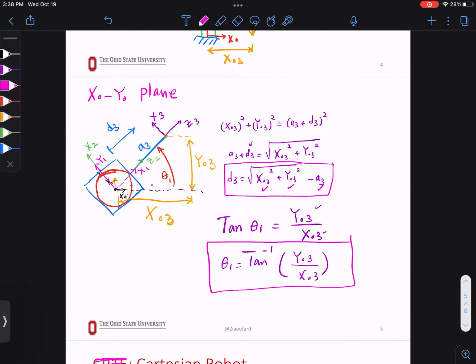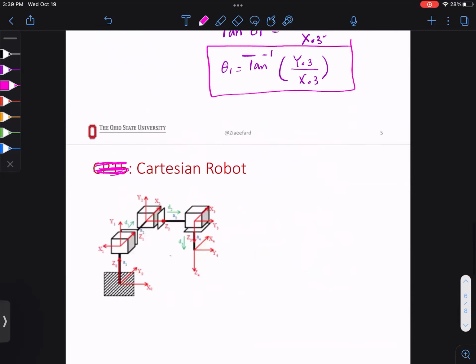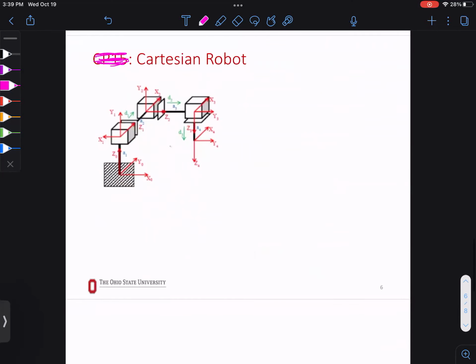Now I want everybody to solve this. The question is: find inverse kinematic expressions for the PPP manipulator, for the given manipulator, given here, all right?